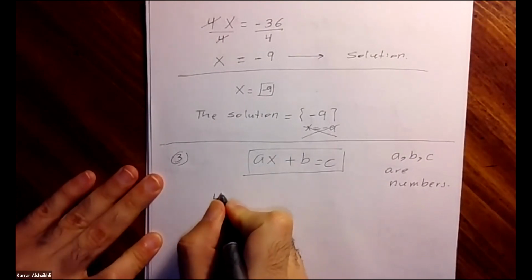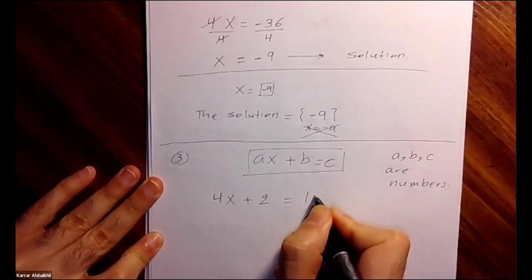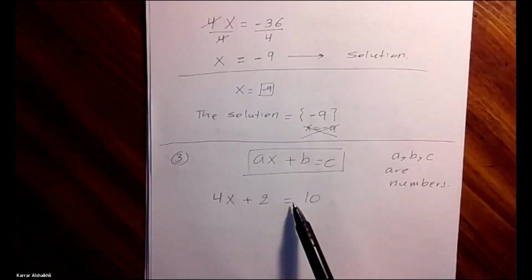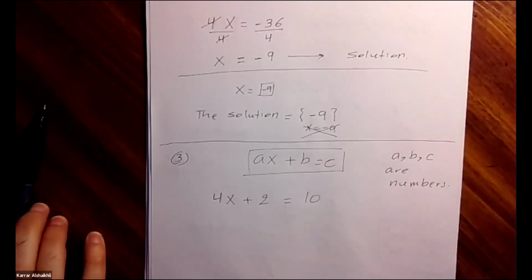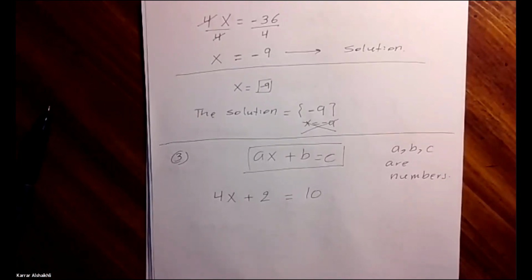4x plus 2 equals 10. You see, this is exactly the same type here. This is a number, 4x plus 2 equals 10. How are we going to solve this type of equations? The first thing, always, you're going to start, I told you, with these notes. Write down these notes.